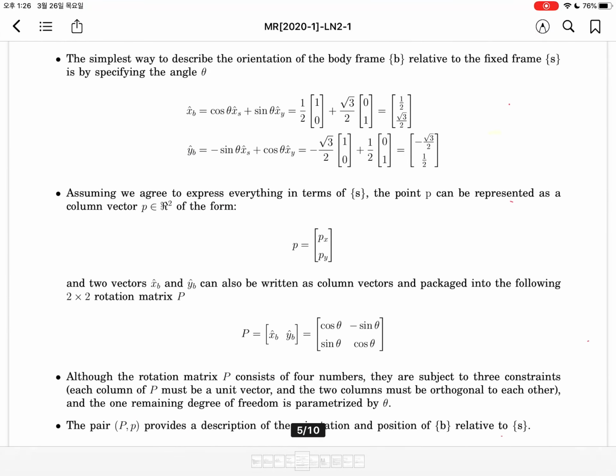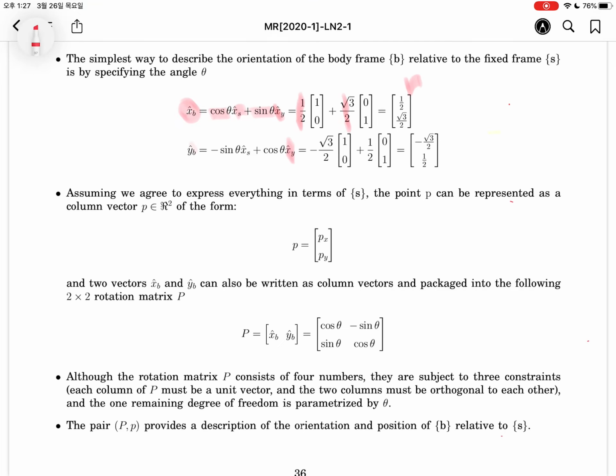This is also a typo. Anyway, cosine theta is the projection of xb onto the x-axis. So cosine 60 degrees is 1/2, and sine 60 degrees is square root 3 over 2. So we can get the unit vector of xb in terms of xs. Using a similar procedure, we can get yb hat.